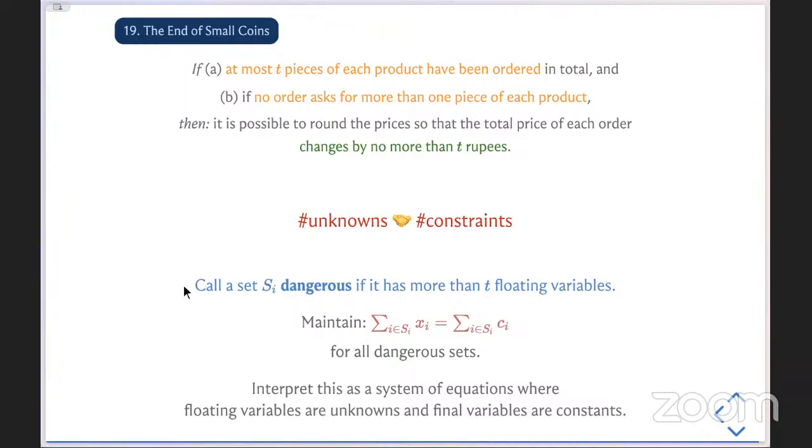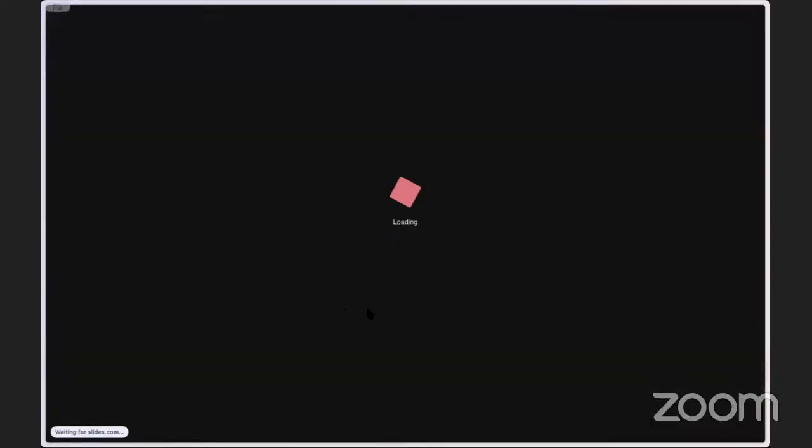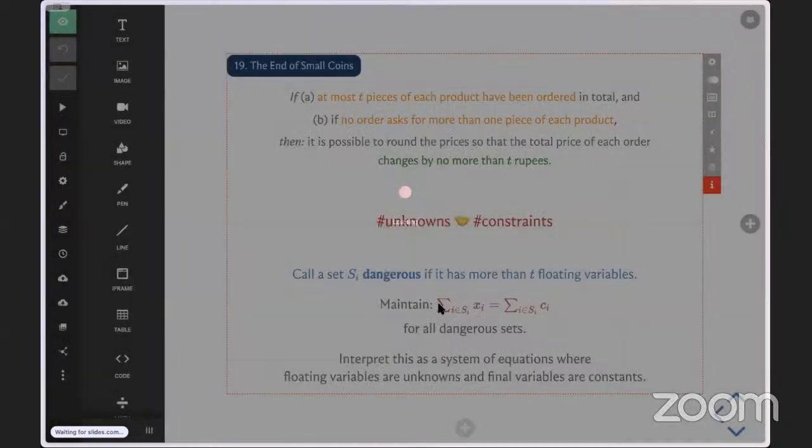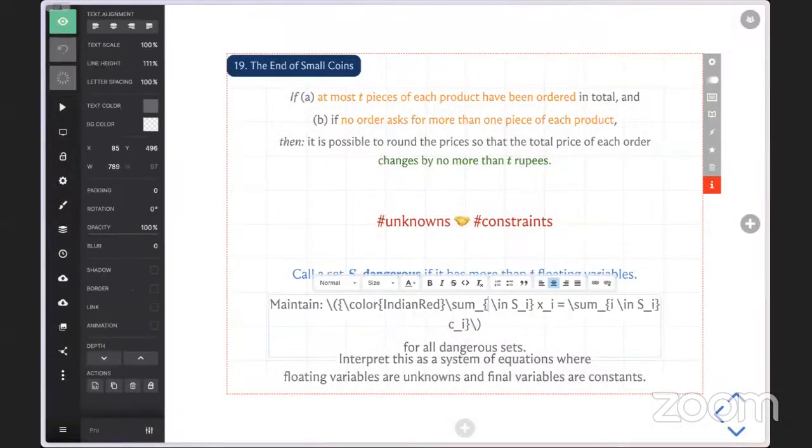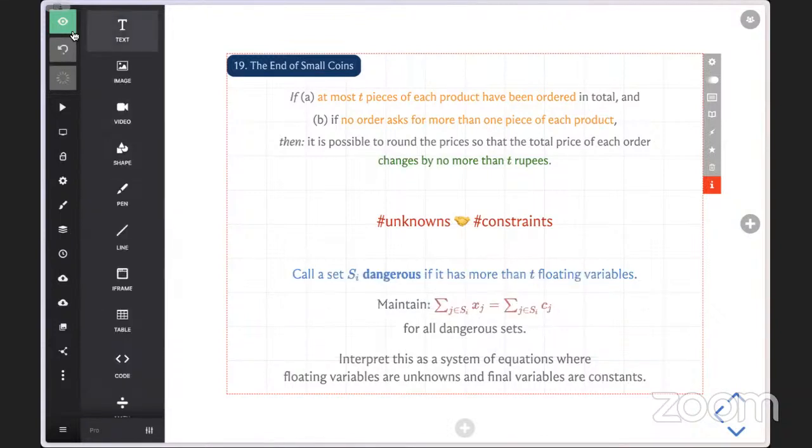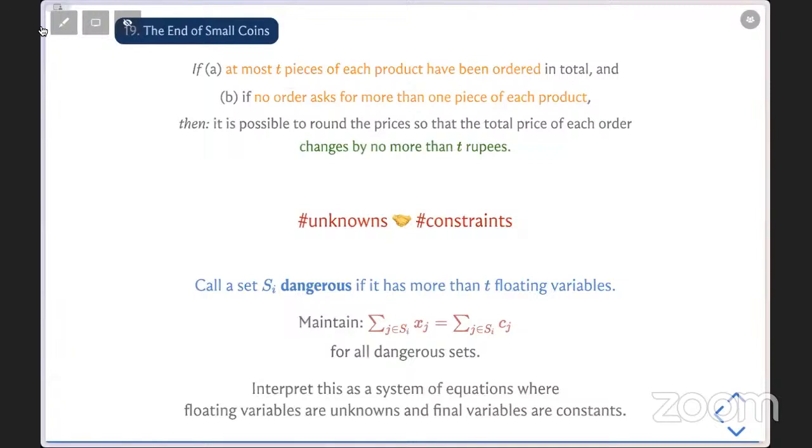I think that i belonging to Si is a problem. I think that may be the issue. Oh, I see. I think I was lazy about just borrowing that. I can just change this. So the Sis are the dangerous sets, and I'm looping through. Okay, is that better?